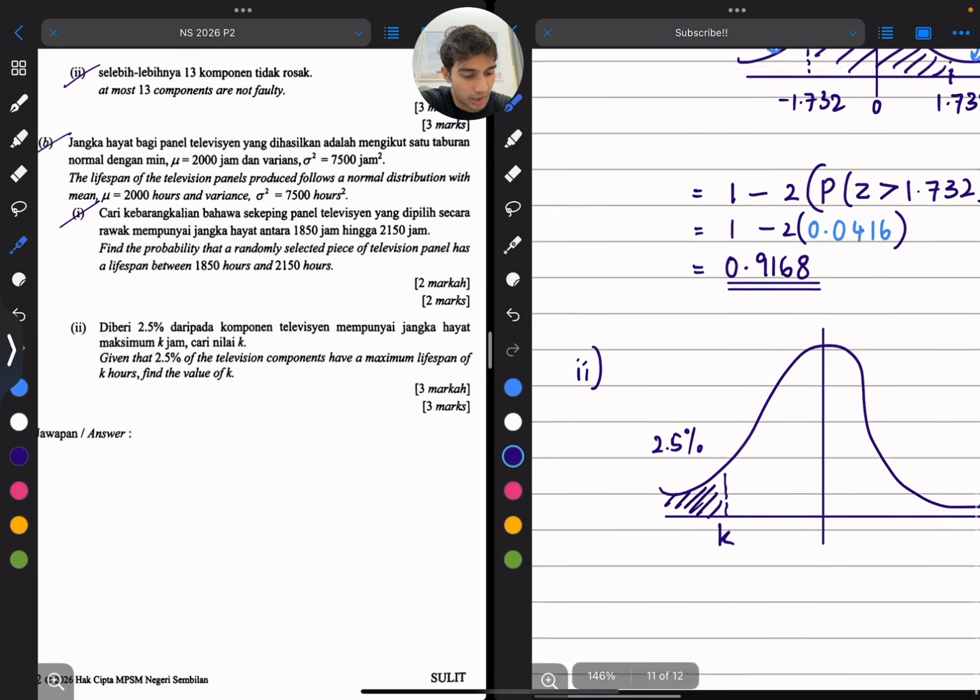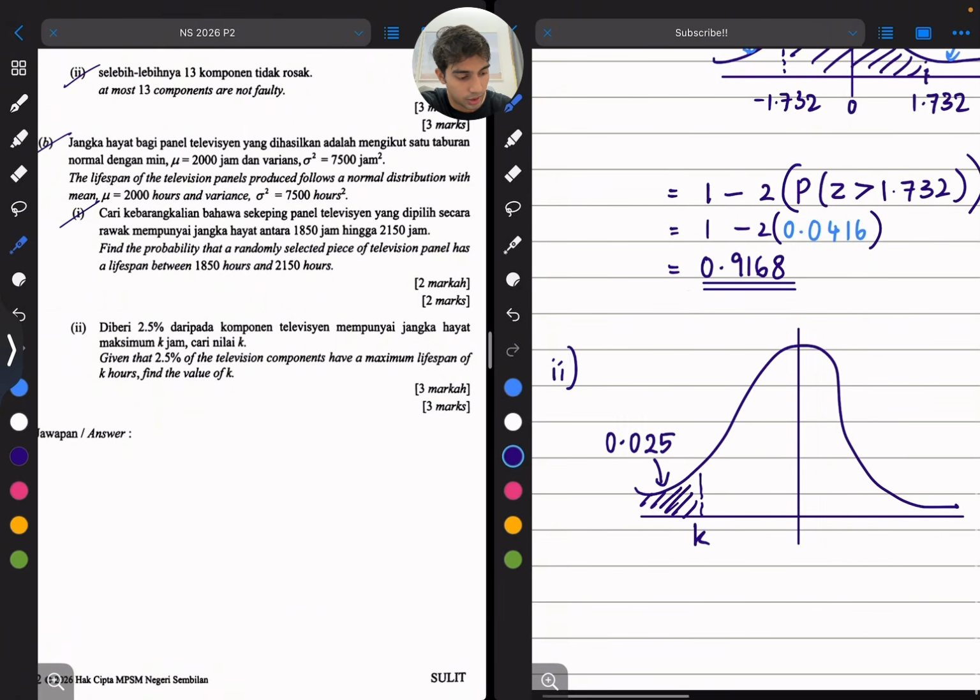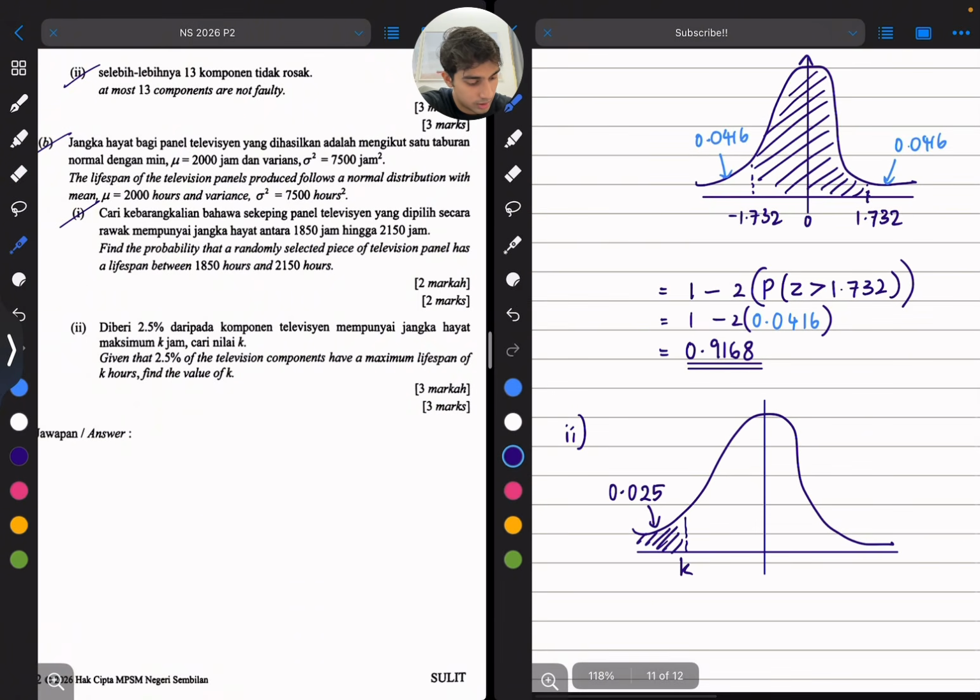So 2.5%, we can convert it to decimals. It will become 0.025. Okay, it's just 2.5 over 100. So here what we can do is we can say probability of x less than k is 0.025.